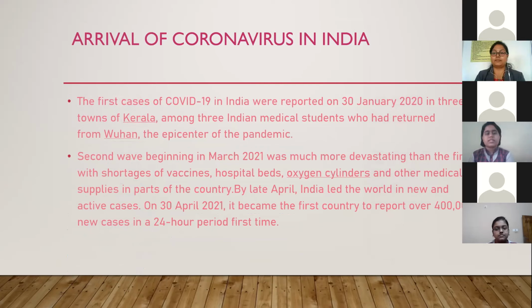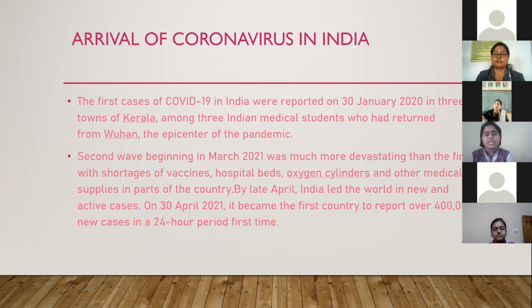So this is the arrival of the coronavirus in India. The first cases of COVID-19 in India were reported on 30th January 2020 in 3 towns of Kerala, among 3 Indian medical students who had returned from Wuhan, the epicenter of the pandemic.